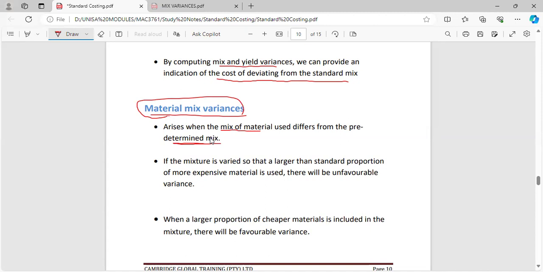Then they say if the mixture is varied so that a larger than standard proportion of more expensive material is used, there will be an unfavorable variance.